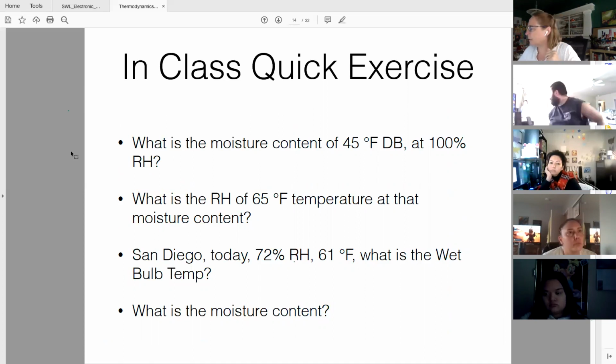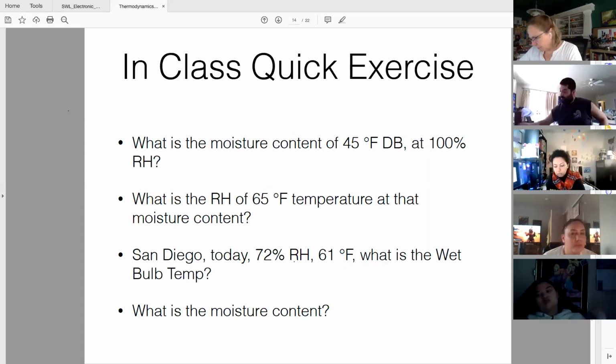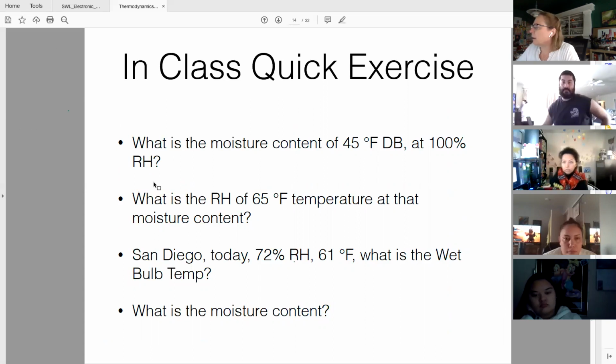Let's see. I'm gonna assign a couple of these to you guys real quick. So Marwa and Isabel, and I'm going to take the screen back to this psychrometric chart. In class, I would have passed out paper copies, but I'll just bring it up on the screen.